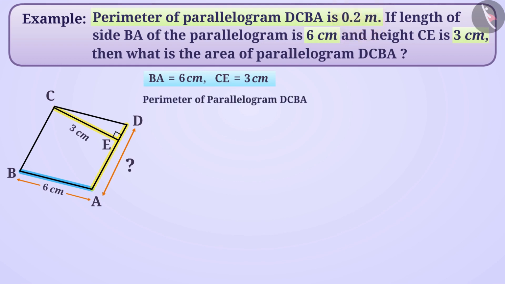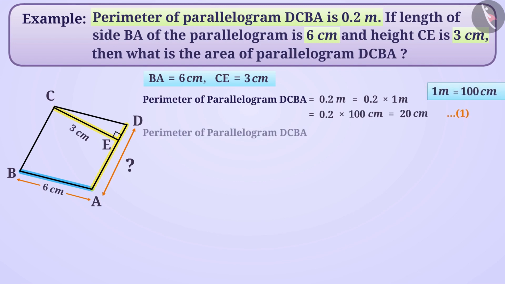Here, perimeter of parallelogram DCBA is equal to 0.2 meter, which is equal to 0.2 multiplied by 1 meter, which is equal to 0.2 multiplied by 100 centimeter, which is equal to 20 centimeter. Here, perimeter of parallelogram DCBA is equal to DC plus CB plus BA plus AD.